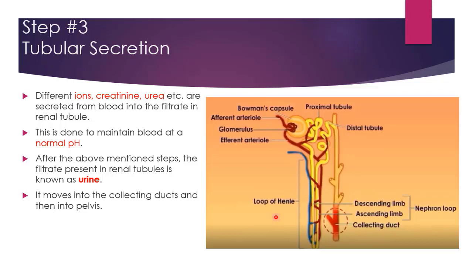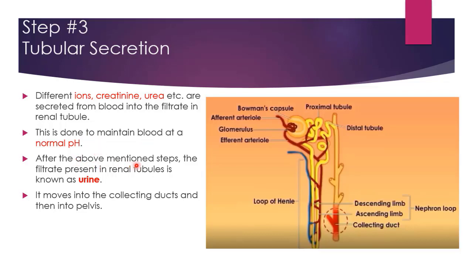To maintain this normal pH, different ions, creatinine, and urea are secreted from the blood into the filtrate in the renal tubule. They become part of this filtrate in the renal tubule, and this is done to maintain the blood at a normal pH.